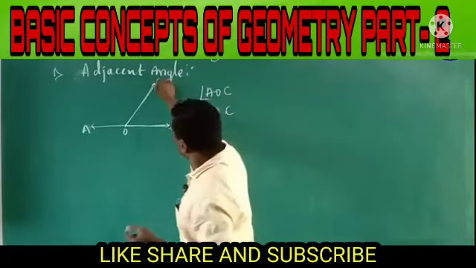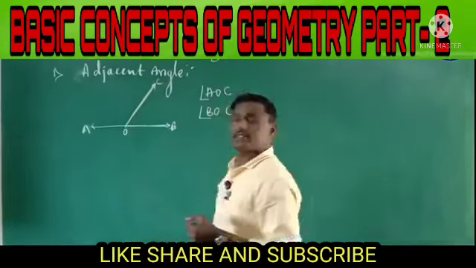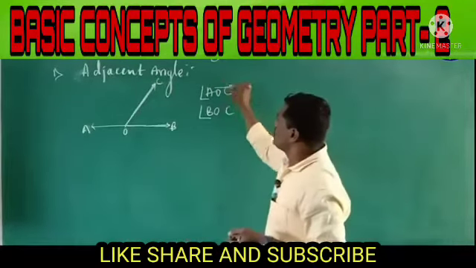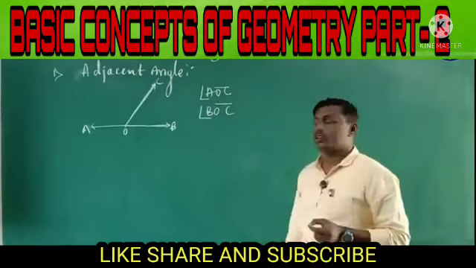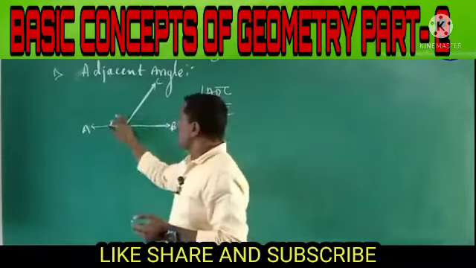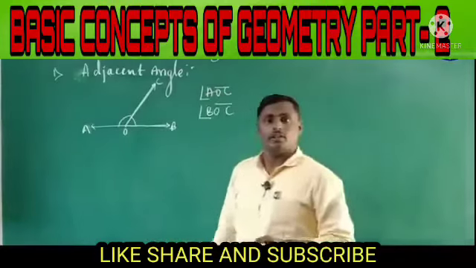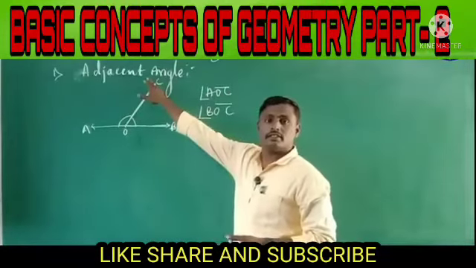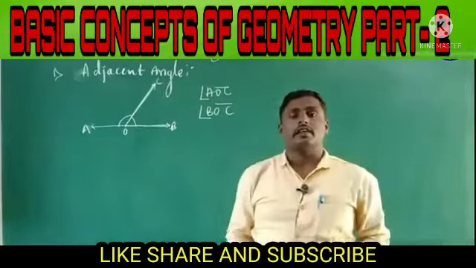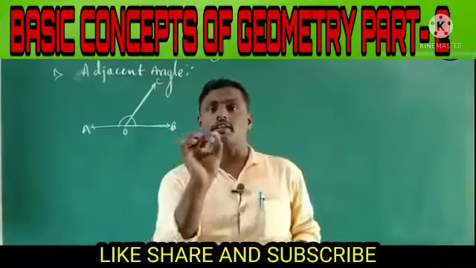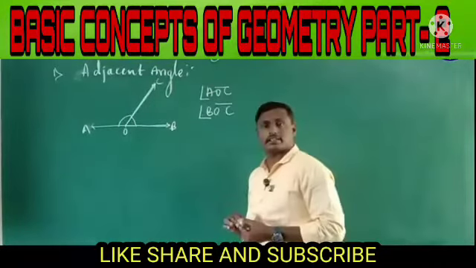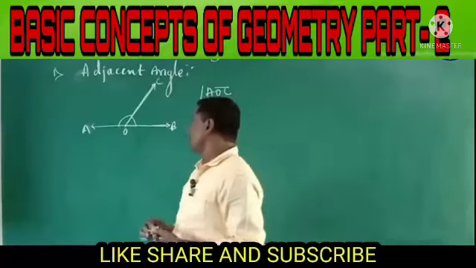So in that, OC is the common arm for both angles. This is the first angle and this one is the second angle. So adjacent angles means two angles having a common vertex and a common arm are called adjacent angles.